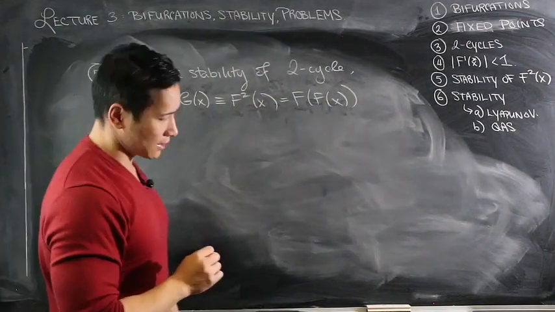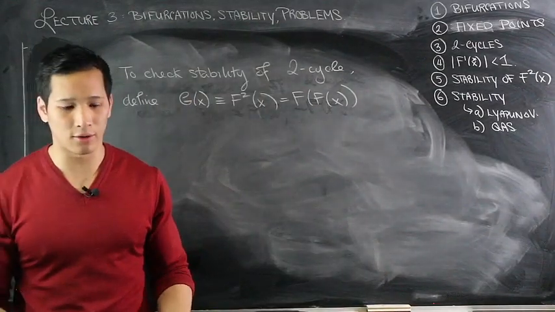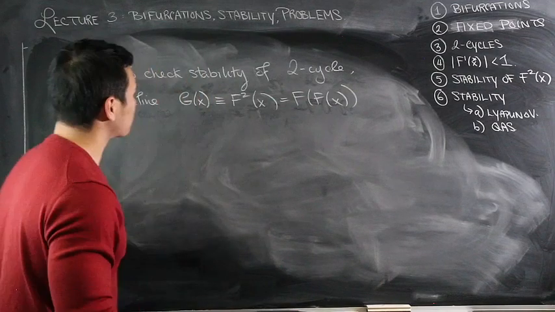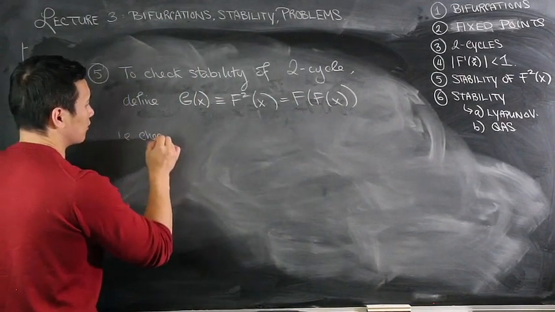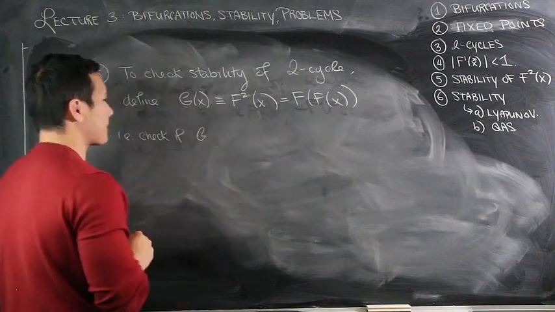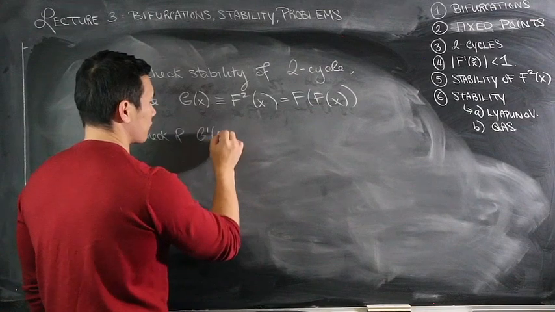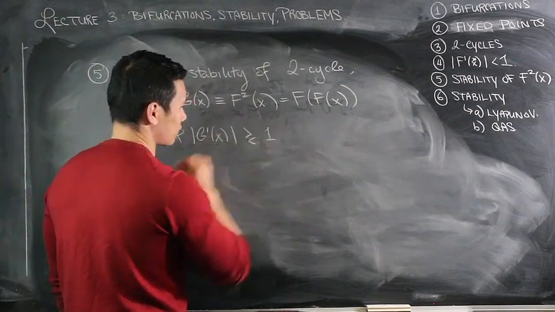And the point is that the same criterion would apply. I.e., check if g prime of x is greater than or less than 1.